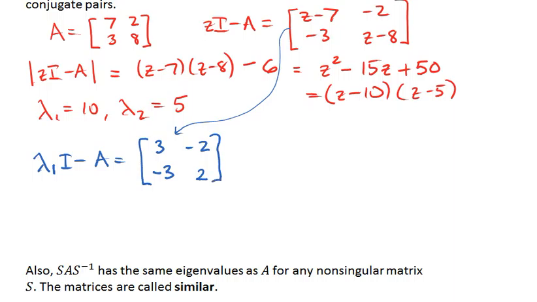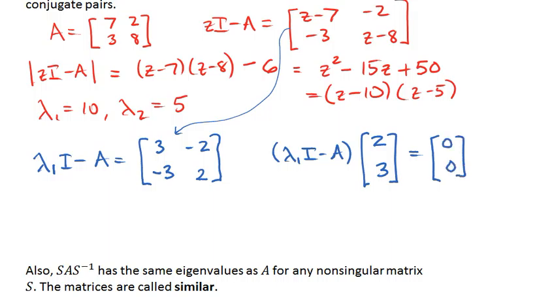Just by inspection, you can see that if we multiply that matrix by the vector 2, 3, then you get 6 minus 6 is 0, and in the bottom you also get 6 minus 6 is 0. Therefore this would be the eigenvector v1, or any multiple of that would also be v1, and so on.